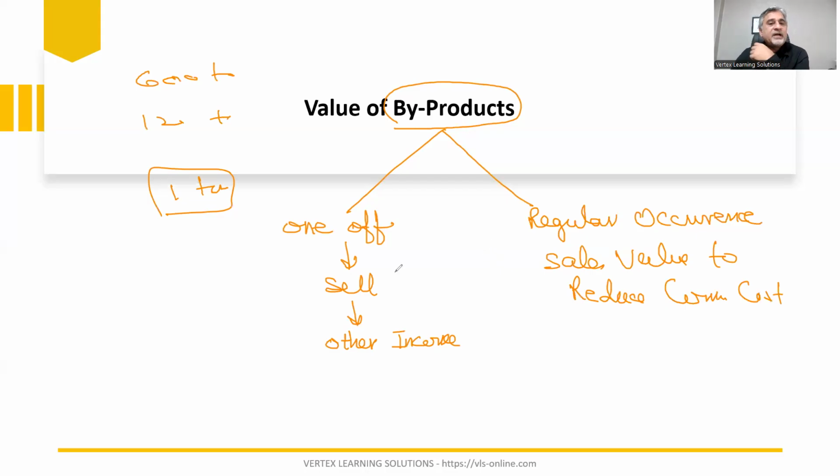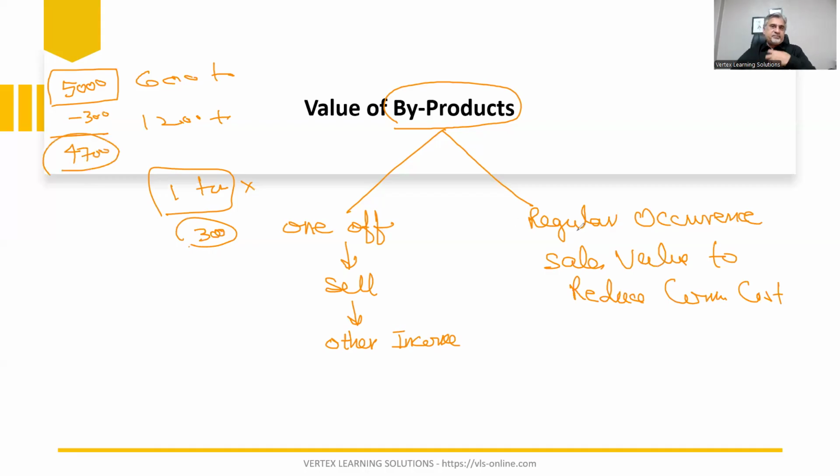For example, I will get 1 ton of byproduct, and I will be able to sell it, because I know that every time it will be 600 tons, 1,200 tons, and something of very little value, 1 ton of product X, which I can sell for $300. I had a common cost of $5,000. So you subtract the 300 from this 5,000, and say that my common cost is now 4,700.